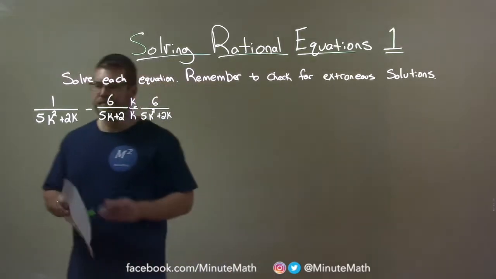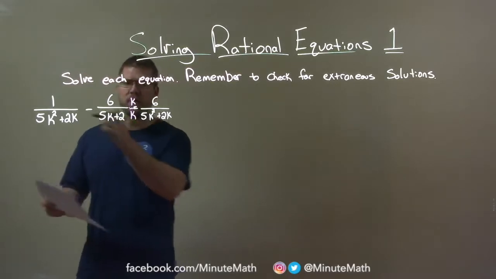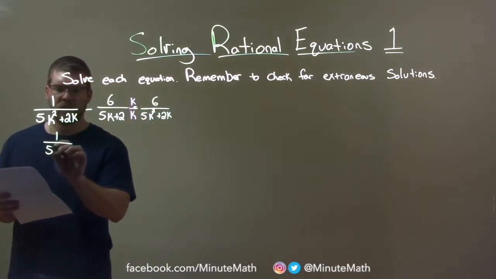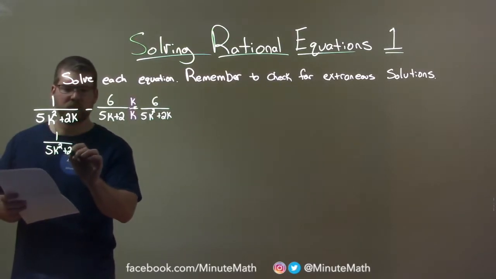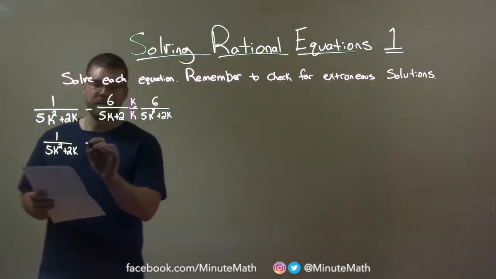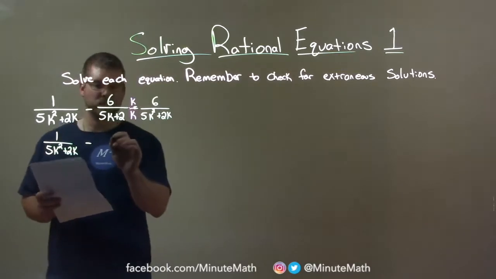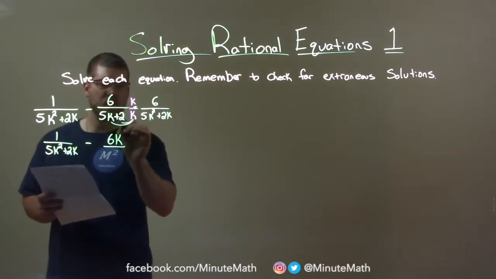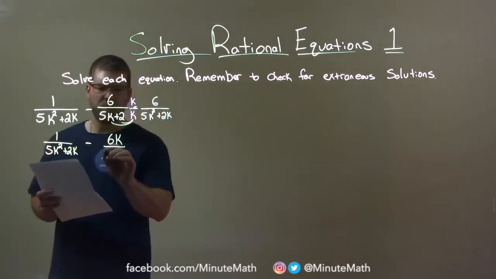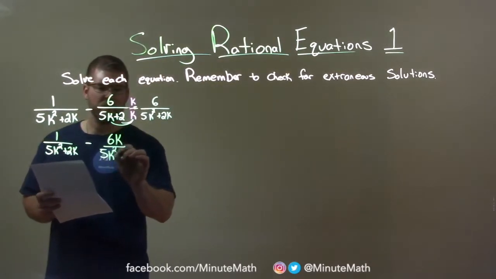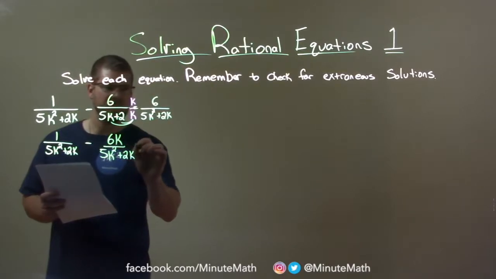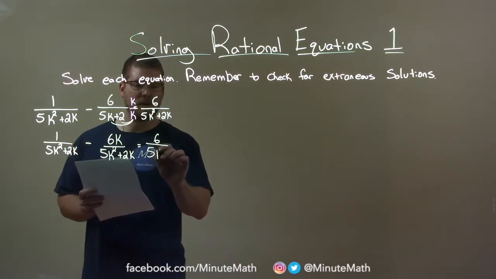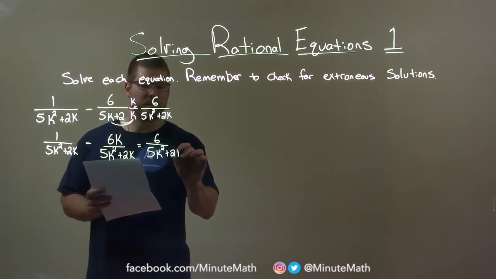Well, essentially, the other parts stay the same, so if I come down here, 1 over 5k squared plus 2k, okay, minus, well, k times that 6 will be 6k. We distribute this k to both parts there in the denominator, and so now we have 5k squared plus 2k equals, lastly, 6 over 5k squared plus 2k.